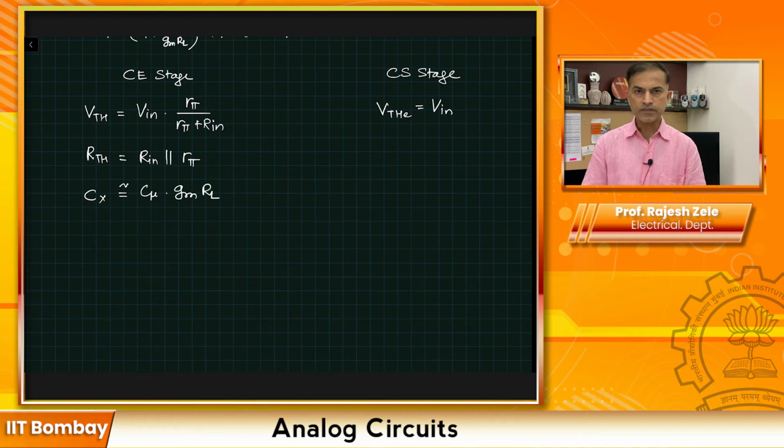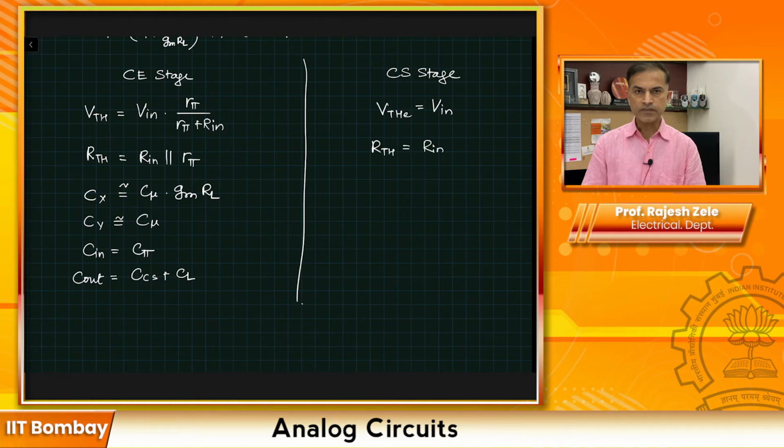Again, these are for the BJT case. CY will be equal to C mu, C in is equal to C pi, and C out is equal to CCS plus CL. And we'll do something similar for the MOSFET case, where RTH, the Thevenin equivalent input resistance, will still be equal to R in, and CX will be equal to CGD times GMRL.